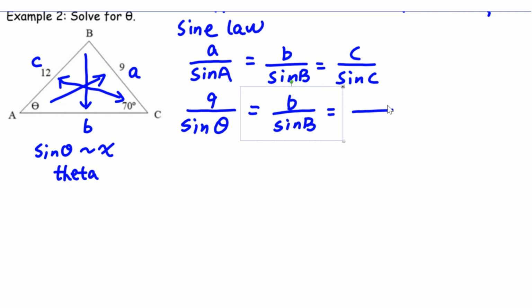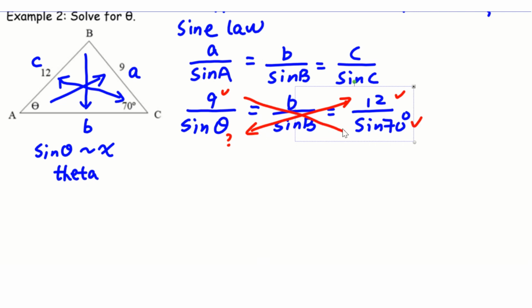And c is 12, angle C is 70 degrees. Then we are going to cross multiply using the last ratio and the first ratio to find the unknown angle theta. So we have 3 given, only 1 unknown. We are able to solve this for sine theta.